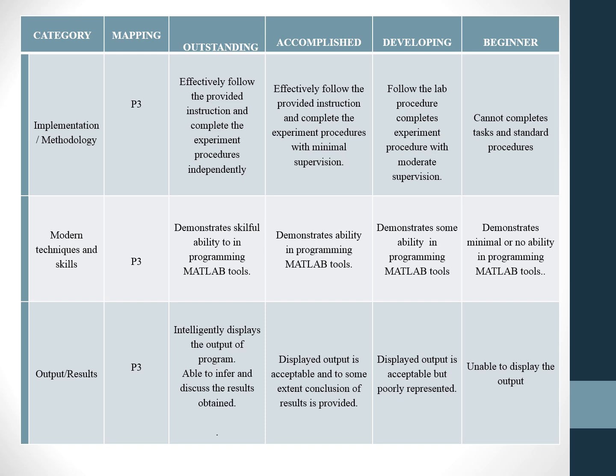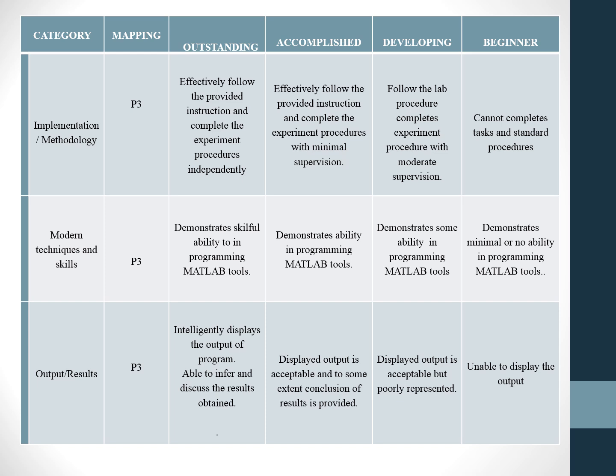So the first category is implementation. If you are able to effectively follow the provided instructions and complete the procedures independently, then you will be categorized as outstanding. On the basis of outstanding, you will get your marks.